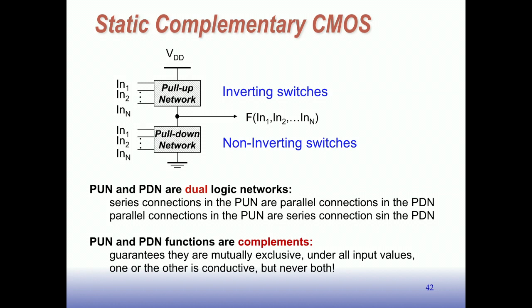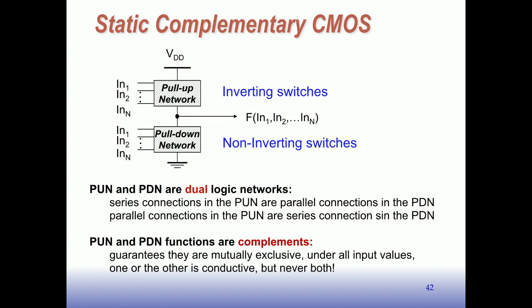The fact that they're complements means for any input combination, either the pull-up network or the pull-down network will be on, but they'll never both be on. If they were both on, then we have a short circuit between VDD and ground, and that would be really bad. If there was some case where they're both off, that would be bad because the output would be undetermined.